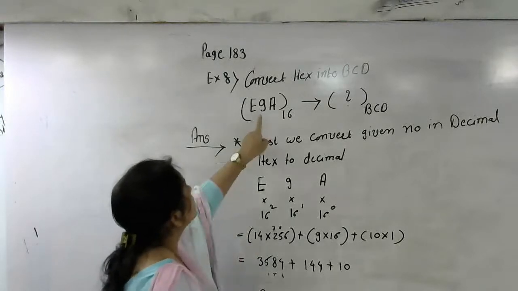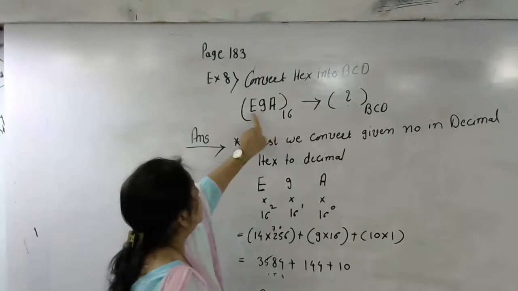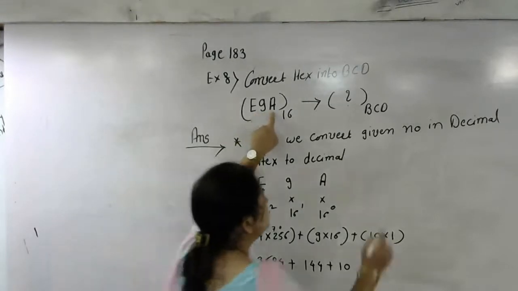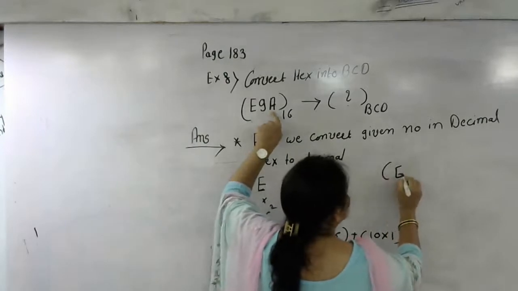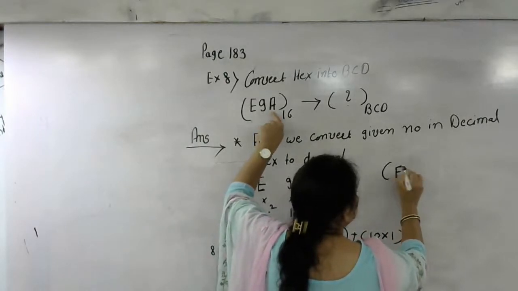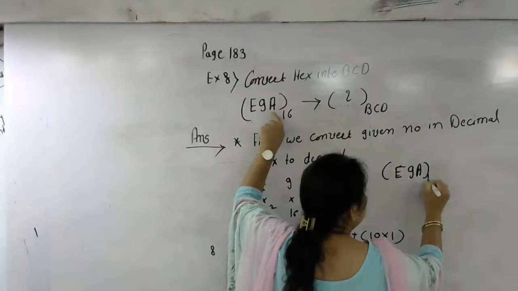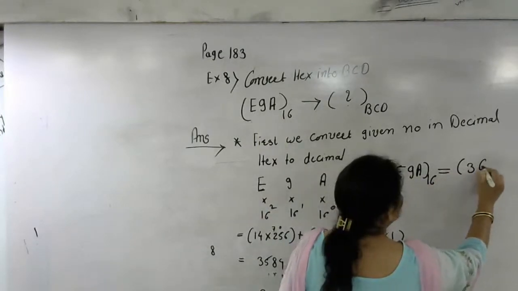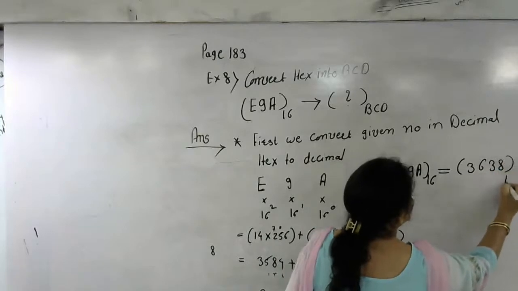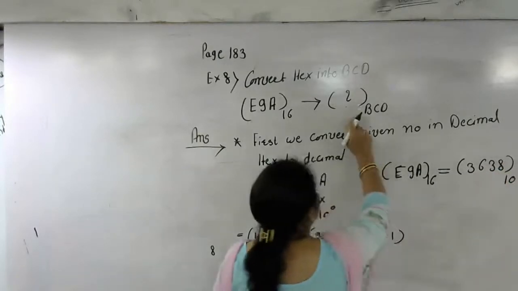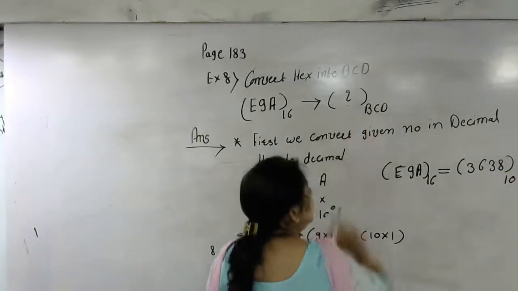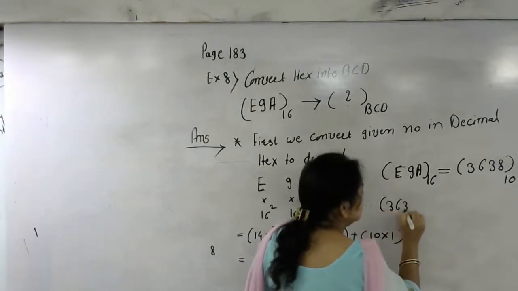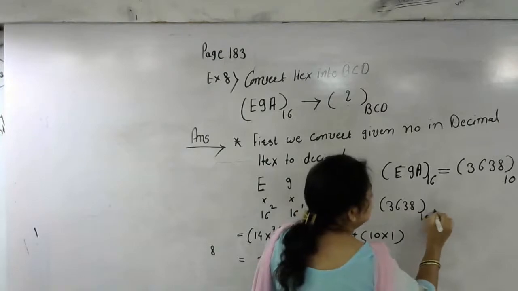3638. So the equivalent decimal number of this hex number E9A to the base 16 is 3638 in decimal. Now what is our question? We want to convert to BCD. Therefore 3638 in BCD.